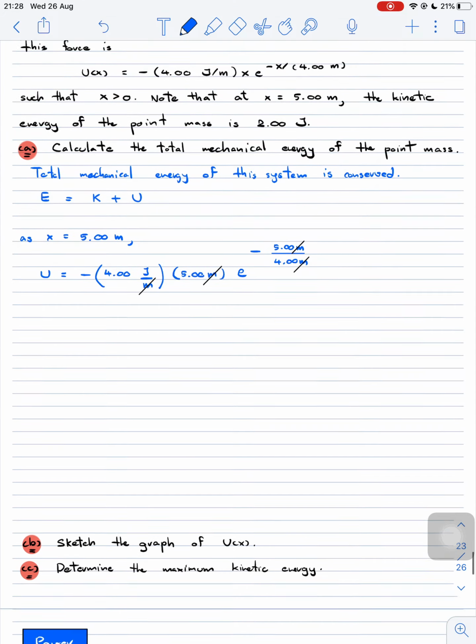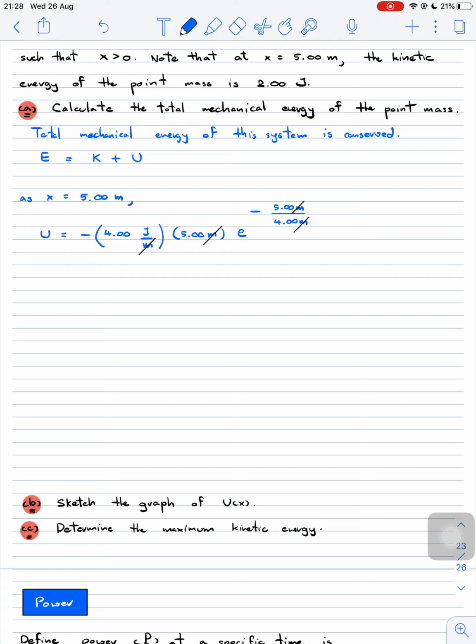Now we just use the calculator to solve for this. I guess you know how to use the calculator for the exponential function here. After using the calculator, U must be equal to negative 5.73 joules.